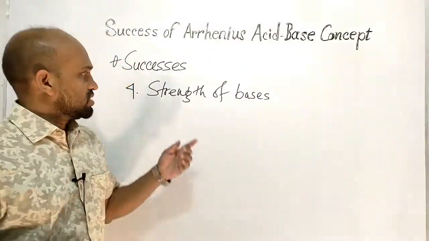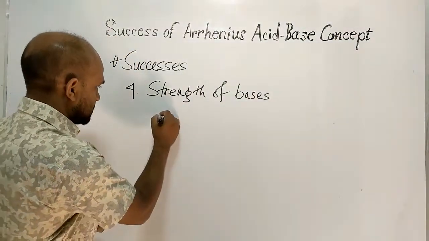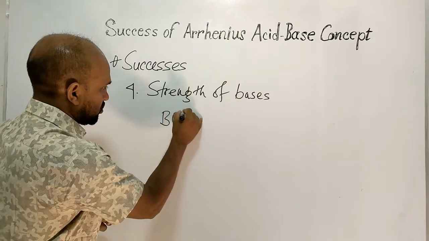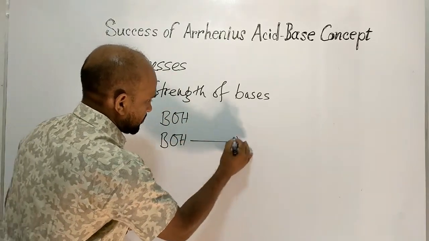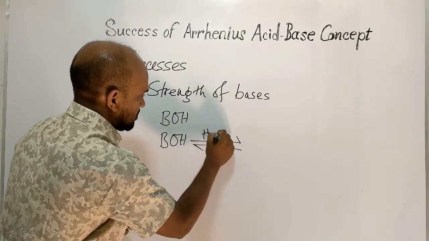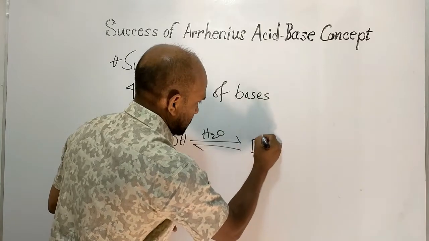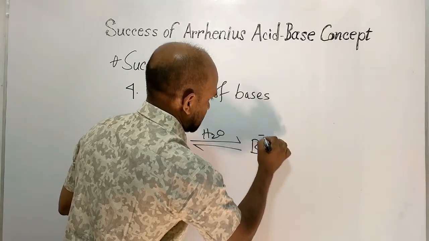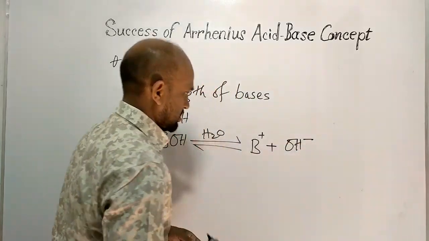Now the point is strength of bases. Let's consider a symbolic base BOH. When this base is dissolved in water, then it ionizes to the cation and hydroxide ion.